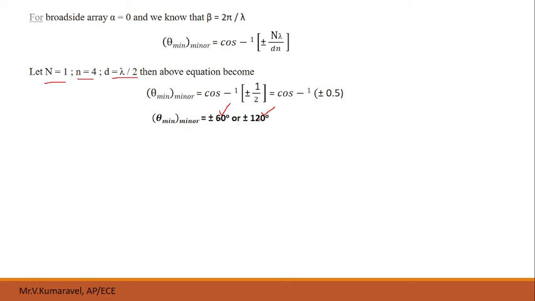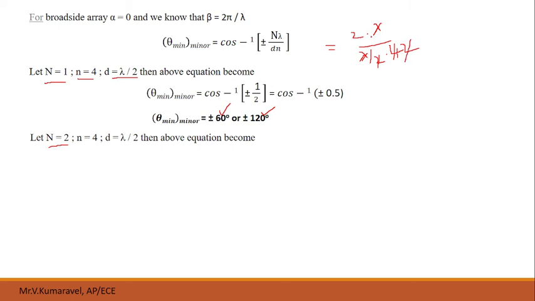Now let us substitute capital N equal to 2 in the same expression and see what happens, with small n equal to 4 and d equal to lambda by 2. So 2 into lambda divided by lambda by 2 into 4. Now the lambda gets cancelled, and the twos get cancelled.